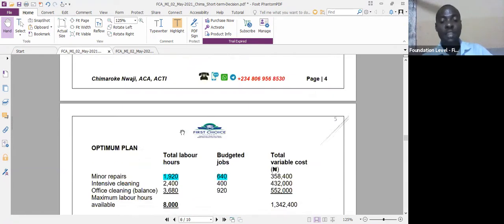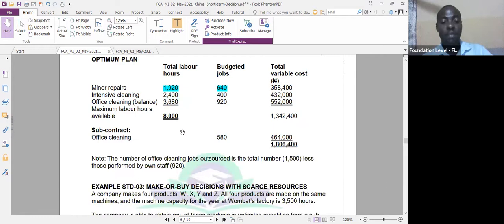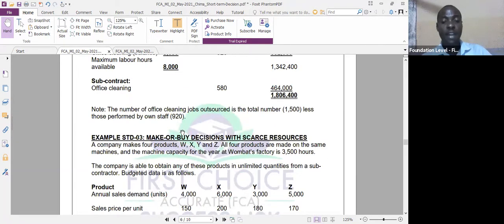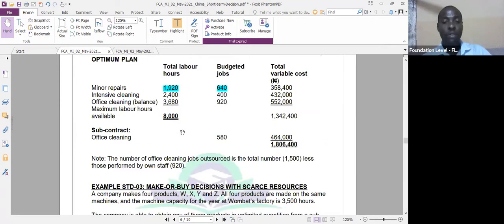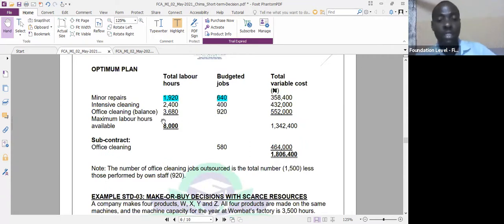So when you divide that by 4 naira, this 3,680 divided by 4 naira giving you 920 jobs. It means that out of your 1,500 jobs, you can only take 920, along with all these other ones to give you one full 1,500 jobs.